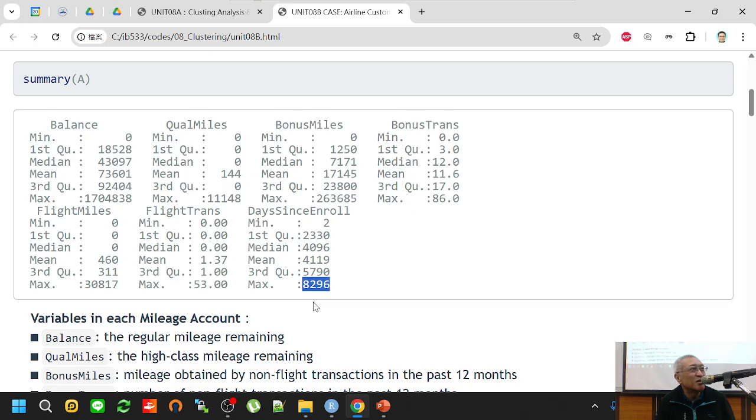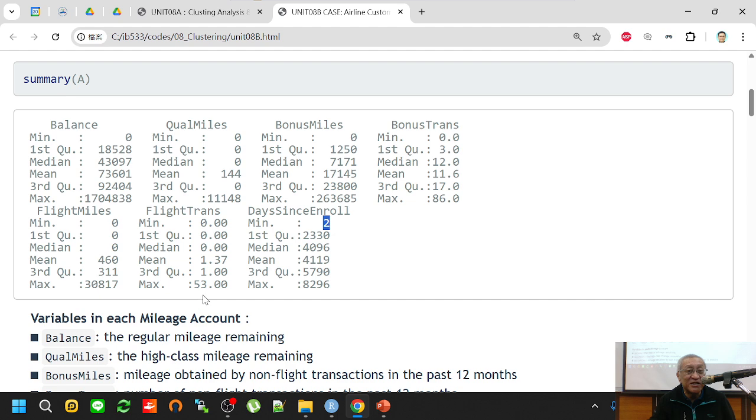This is like 25 years already, right? 20-some years. And some members are actually new members, they just enrolled. So this is their seniority, I should say.